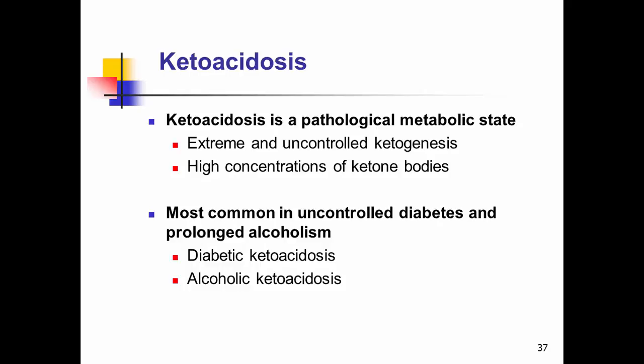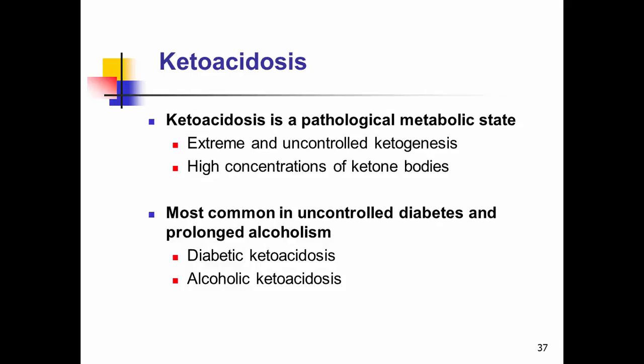It's because of extreme or uncontrolled ketogenesis. That means you have a very high activity of ketogenesis under pathological conditions and generate very high levels of ketone bodies in certain situations or conditions.